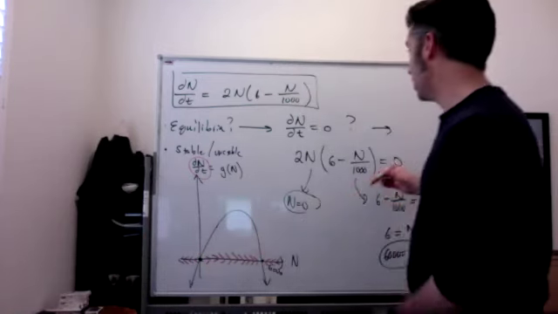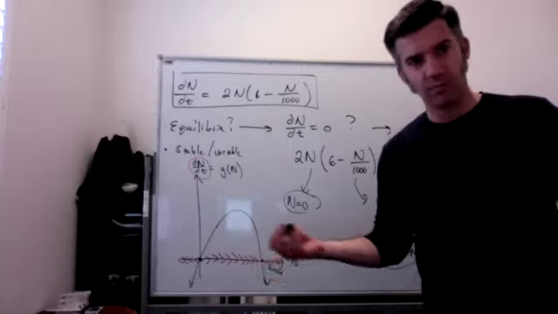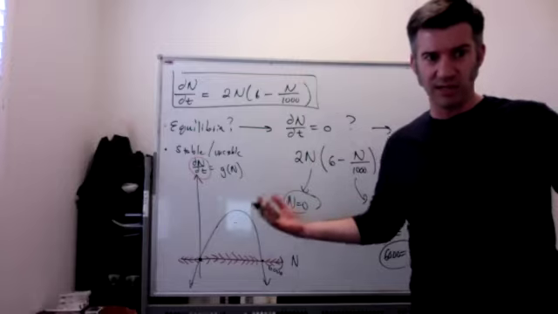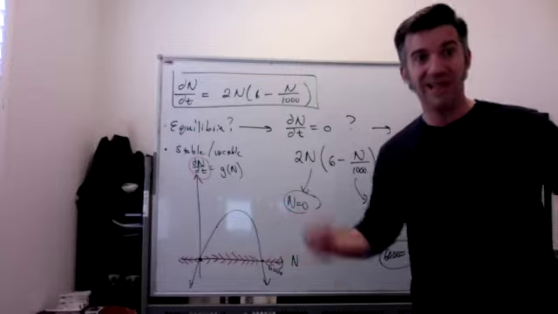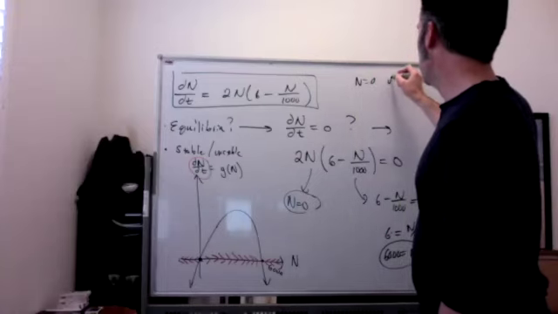So 0 is unstable, which is pretty typical for population dynamics. A population of 0 is unstable. If you have a little bit more than 0, it's going to keep being more and more and more. So 0 is unstable.